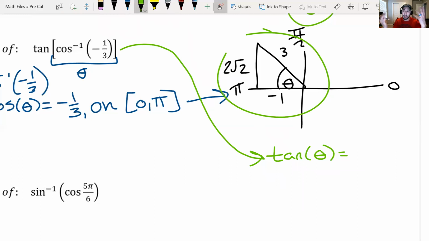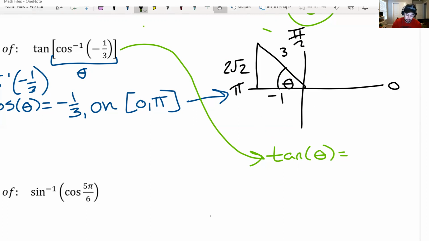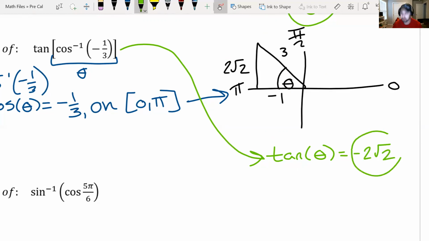So we want to know what is the tangent of this little theta right here. And the tangent of that theta is going to put opposite over adjacent. So 2 square root of 2 over -1, or it's just going to give me -2 square root 2. There it is.